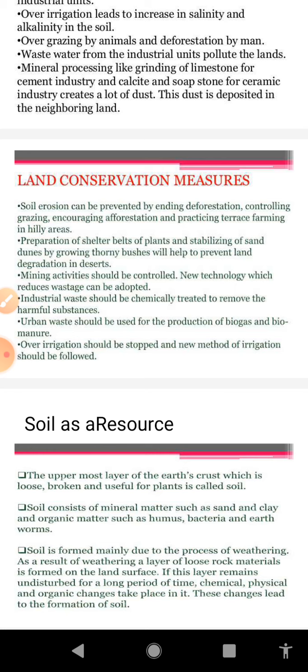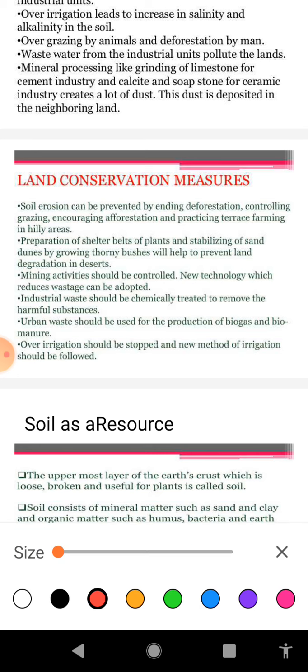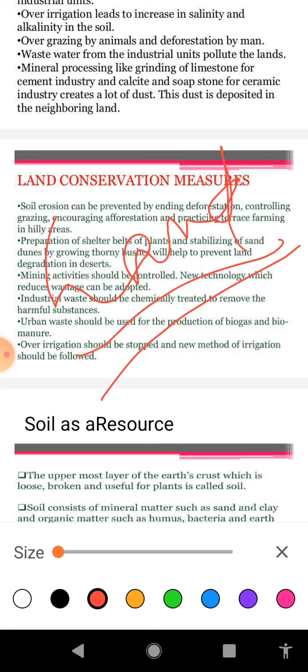Then another question which is also related to the same topic, land, you may get the question, what do you mean by net sown area? In a very simple sentence we can say, the area sown once a year in a particular country can be termed as net sown area.